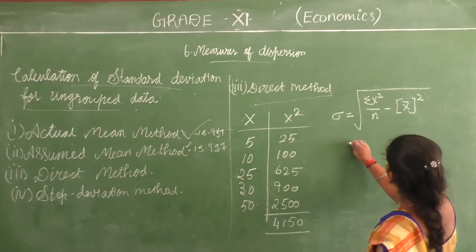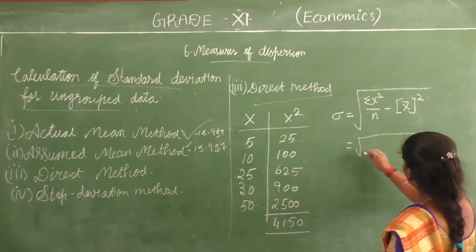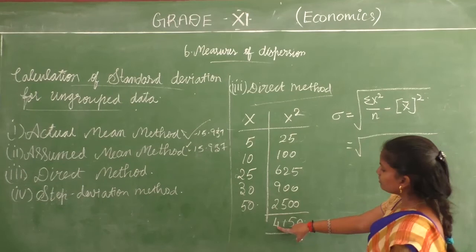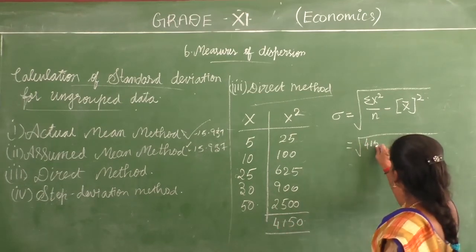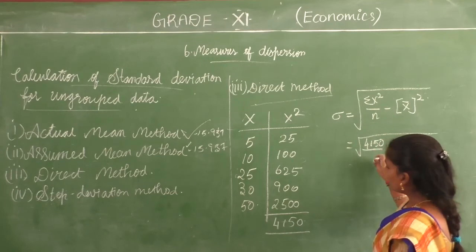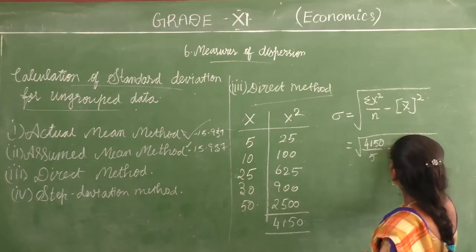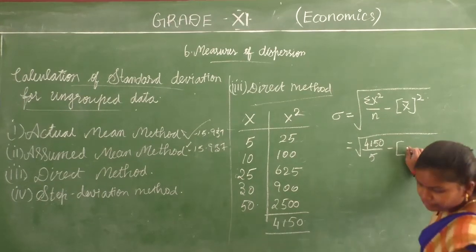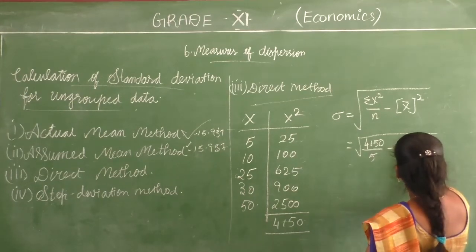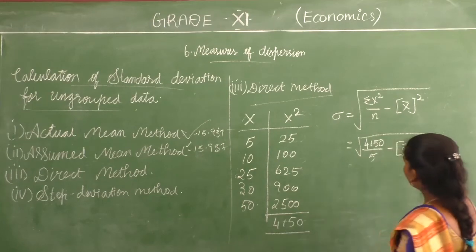So we are going to just put it into values. What is your sigma x squared? Summation of x squared, 4,150 by what is your n? 5 minus what was your x bar? 24 square.